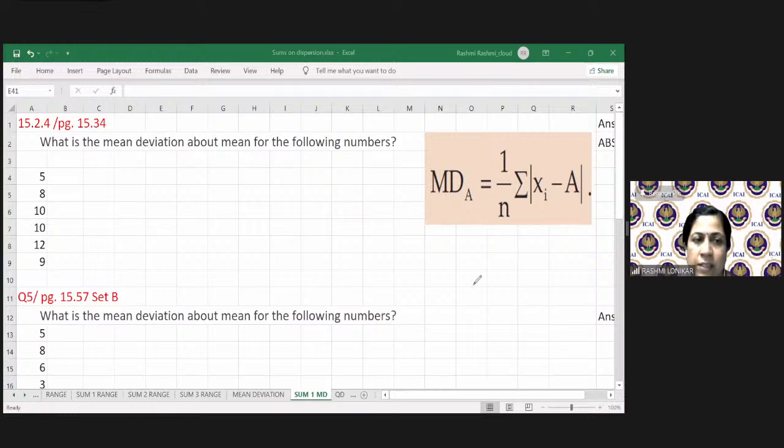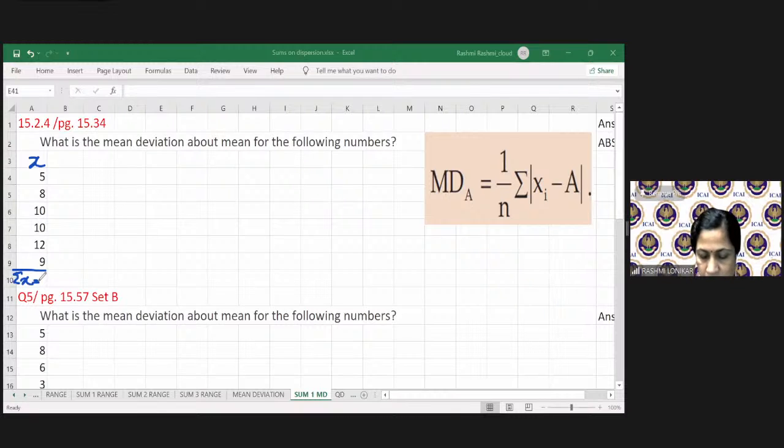Okay, so now let us see. First step I'm going to do is I'm going to find the mean. I have to take this as my x. So what will I find? I will find summation x. What is summation x here? Can anybody tell me what is the summation x?